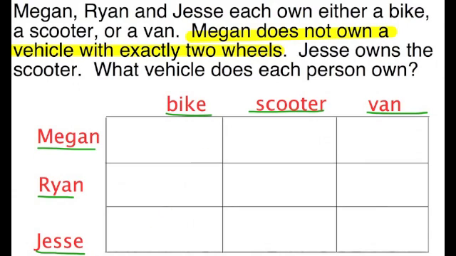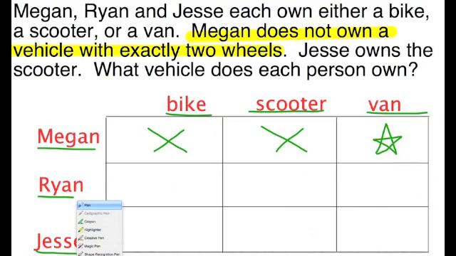Okay? So what I can do based on that information is make some marks on my chart. A bike has 2 wheels, so Megan cannot own a bike. A scooter also has 2 wheels, so Megan cannot own a scooter, which means that Megan must own a van. Megan owns the van. Now let's go back to our problem.